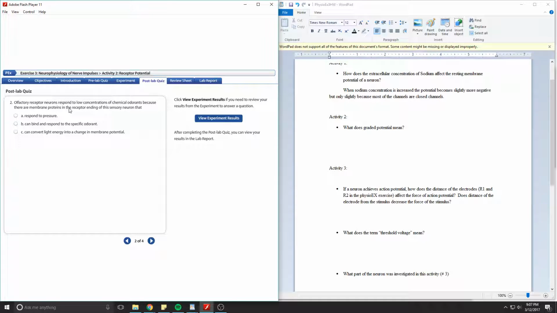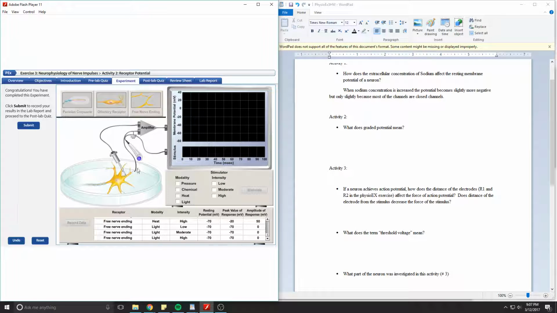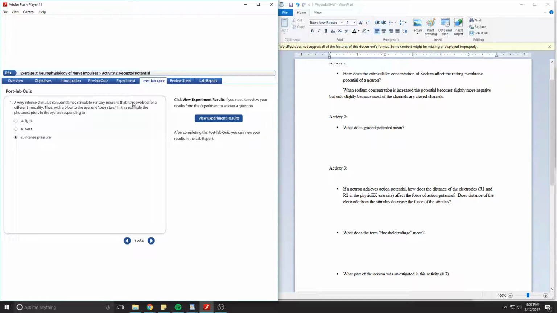Olfactory receptor neurons respond to low concentration of chemical odorants because their membrane proteins in the receptor ending of this sensory neuron that... Okay, which one are the... Olfactory. Wait, sorry. Next one. Receptors membrane proteins in the receptor ending of the sensory neurons that... I'm going with the second one, I guess?